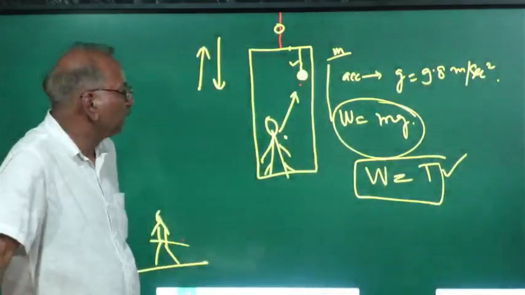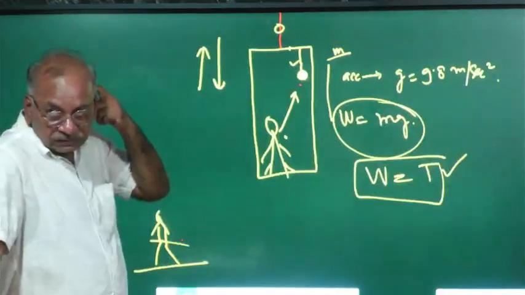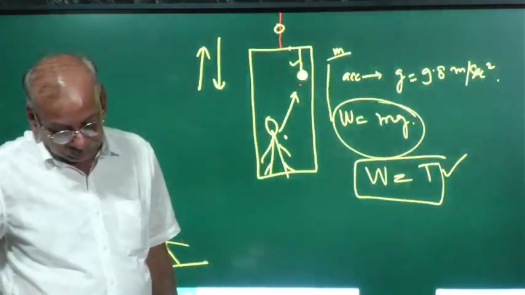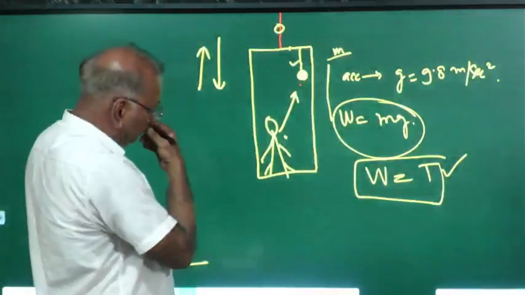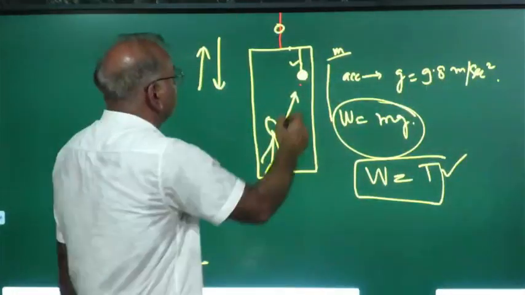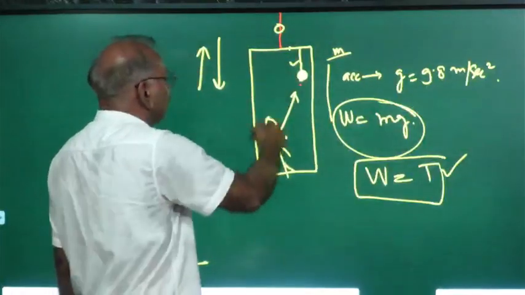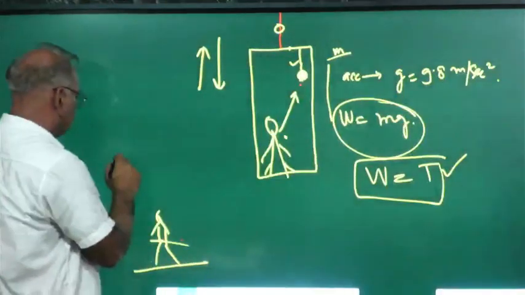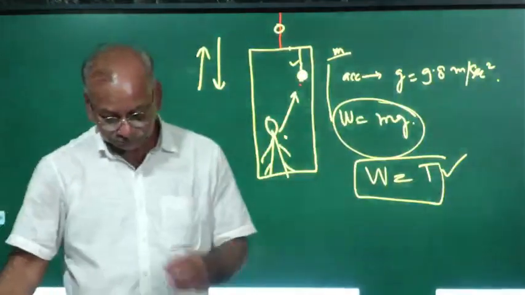But for the person outside, this is coming down. Each and every part of the cabin is coming down with the acceleration that is g, right?